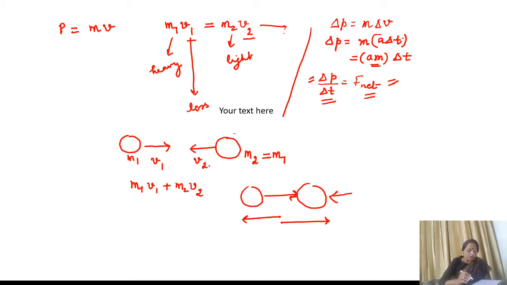It may happen that the velocity of one body may be increased, but simultaneously the velocity of the other body will be decreased. So the law of momentum says that if before the collision the momentum was m1 v1 plus m2 v2, even after the collision it will remain the same. Again, if you are having two bodies of different masses, the same thing may happen.